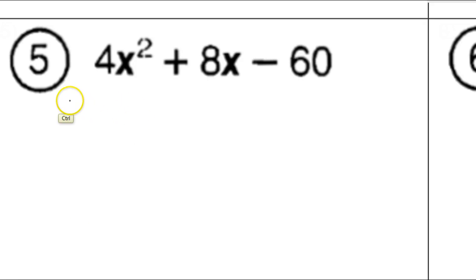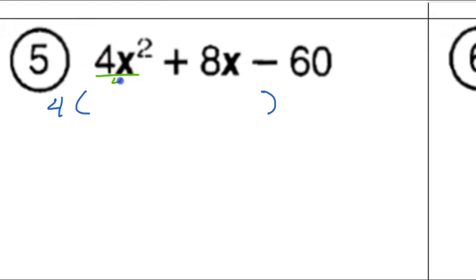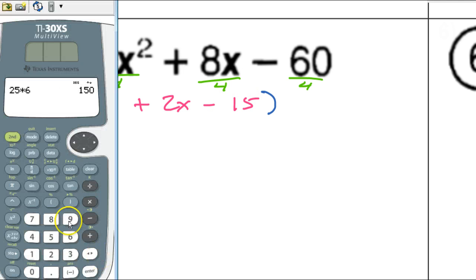Looking at number 5, right away I see that there is a GCF, like all of these are divisible by 4. So let's go ahead and pull that 4 to the outside and see what we're going to have left. So if I divide everything by 4, which is what's really happening, then that's going to leave me with x squared plus 2x minus 15.